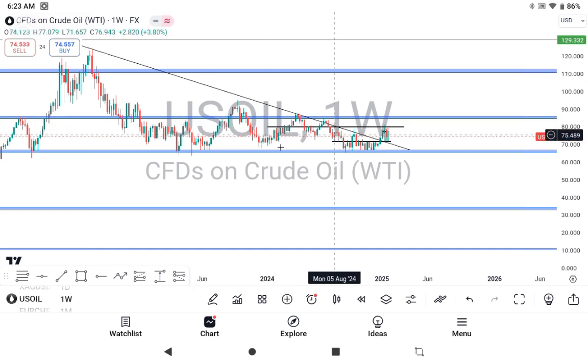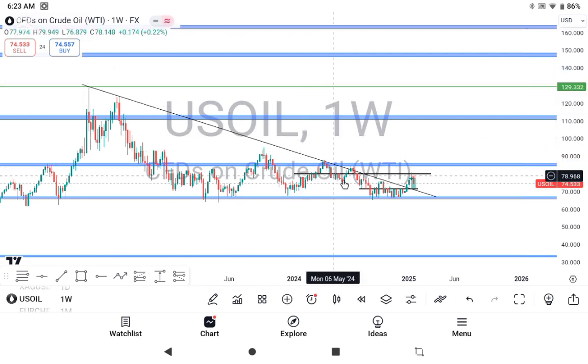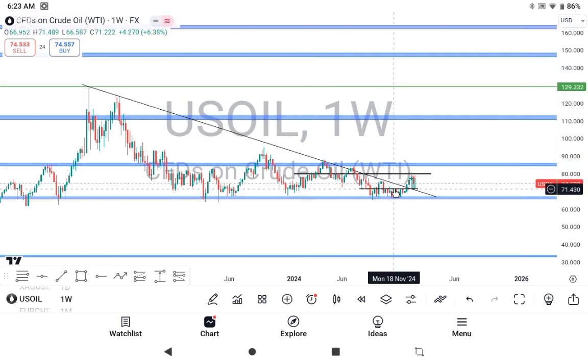This is a push. You have used the Fibonacci, and the next Fibonacci level is pointing right here. This is a push, this is a retracement. When this is cleared out, we should see US oil price jumping to this key level of resistance right here. Now, let's go down to the daily time frame.